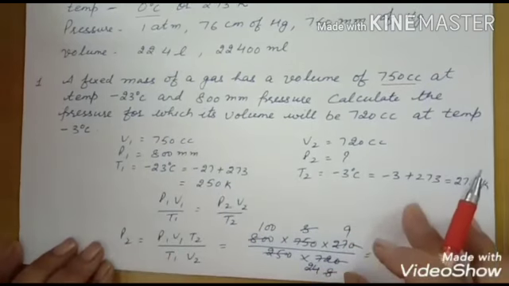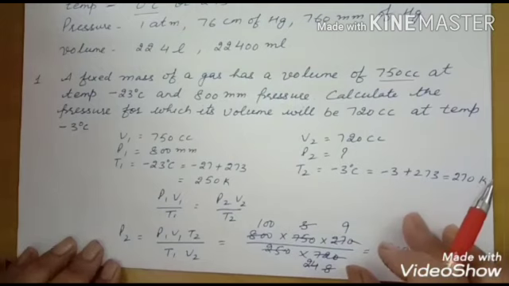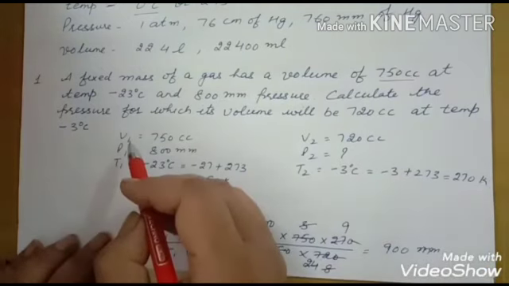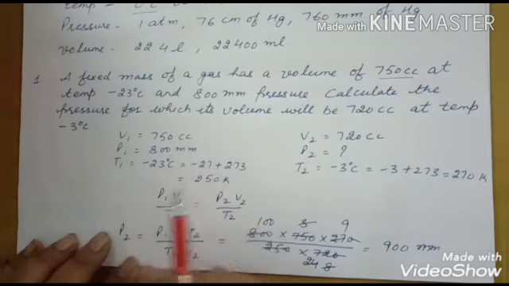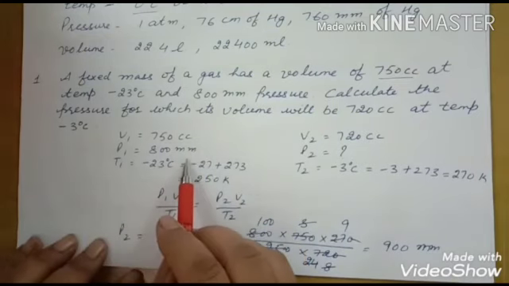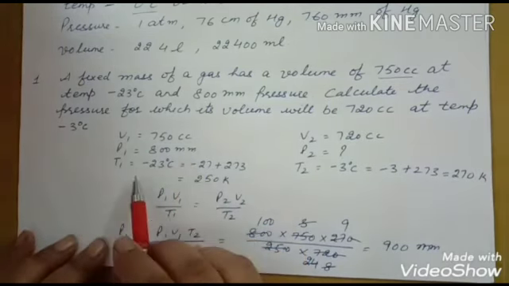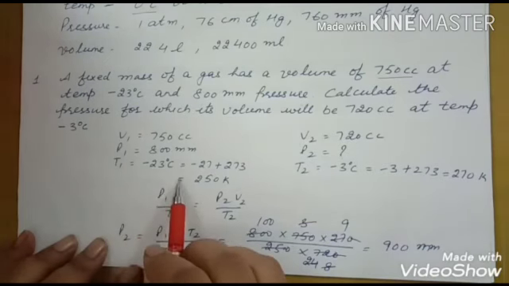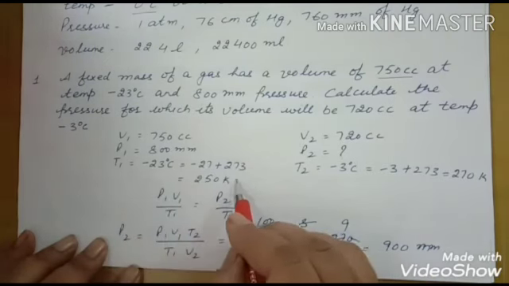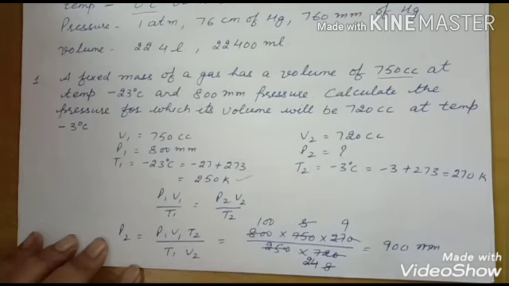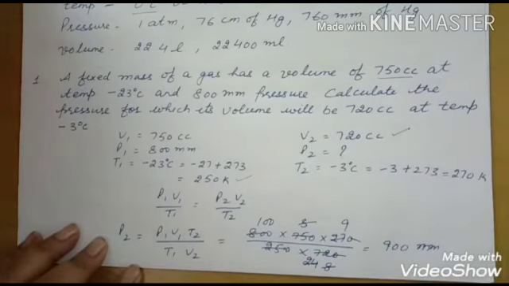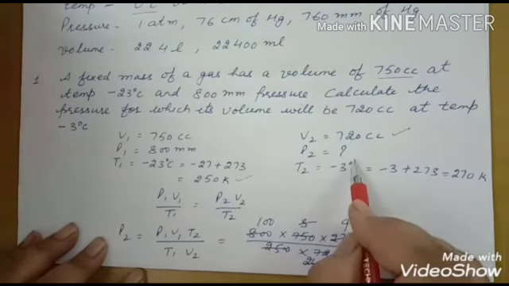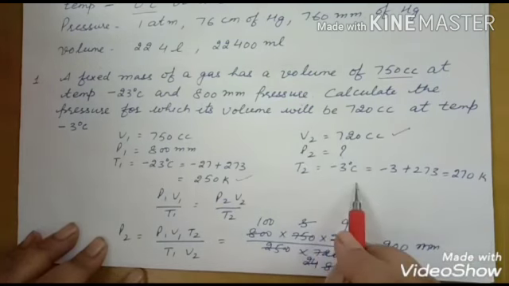Remember, again we are going to take absolute temperature. So we have V1 750 centimeter cube and P1 800 mm. Now T1 is minus 23 degrees Celsius. Convert it into Kelvin. This will come as 250 Kelvin. V2 we have 720 centimeter cube. We have to find out P2, and T2 is minus 3 degrees Celsius.